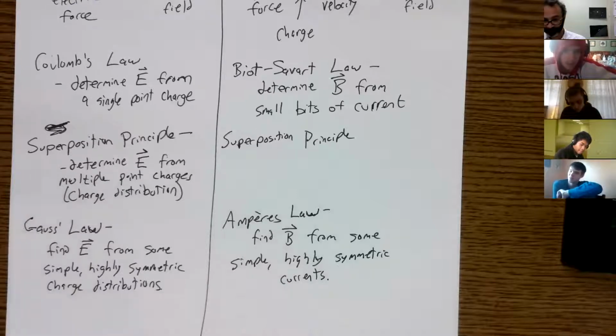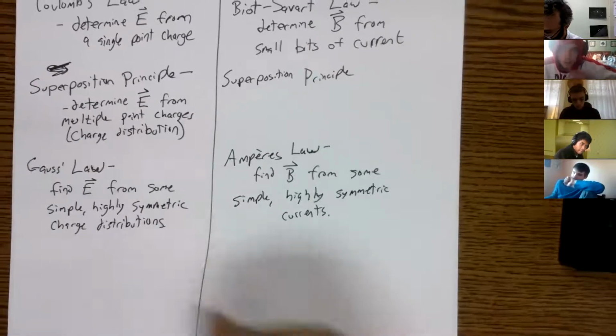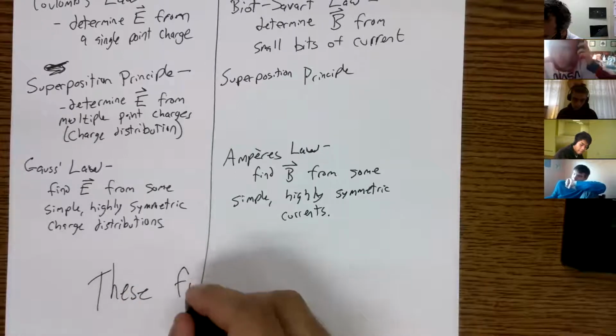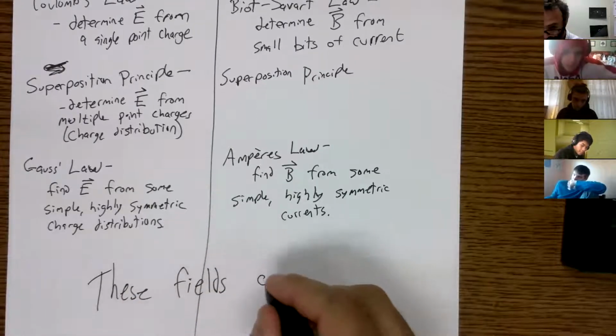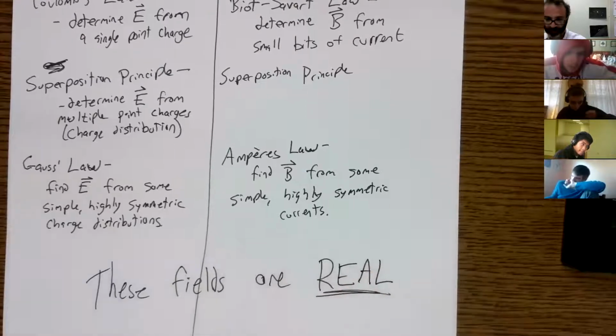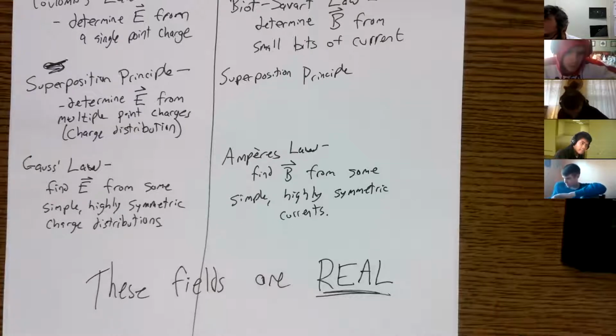Okay, so the next thing to be real clear about, these fields are real, right? These aren't just like mathematical constructs that we're using to help make this easier. These fields are real physical objects.